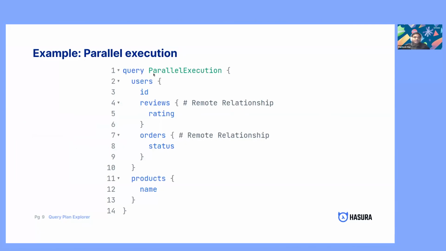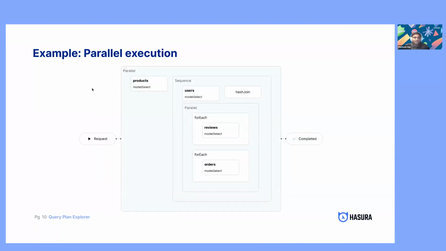Moving on, you can see that we can have some more complicated queries. Here we have two root level queries. One is fetching data from the user model, and another is fetching data from the product model. And then we have remote relationships, reviews and orders, for users. Now let's see what the query plan looks like.